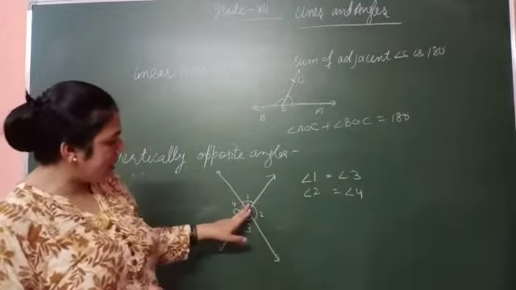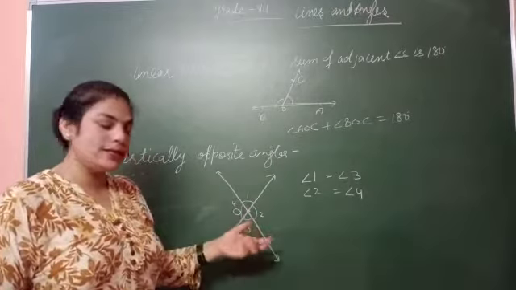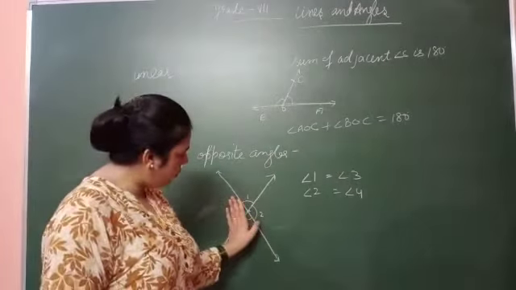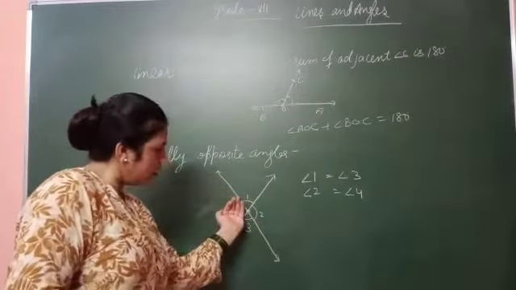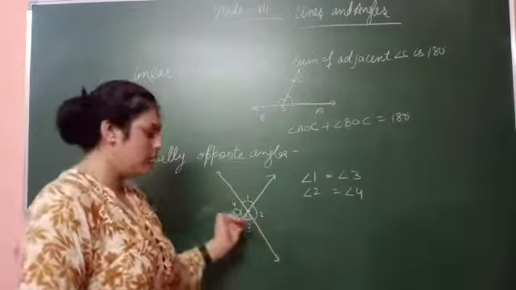And here we can see that 1 and 2 are adjacent angles, 2 and 3 are adjacent angles, and 3 and 4 are adjacent angles. When we observe one line, 1 and 2 form a straight line.